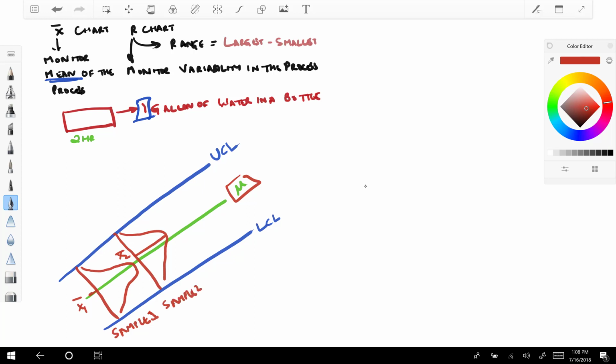Suppose we have another sample, sample k. So we take k samples, and then we have our mean somewhere here, maybe outside the control limit.